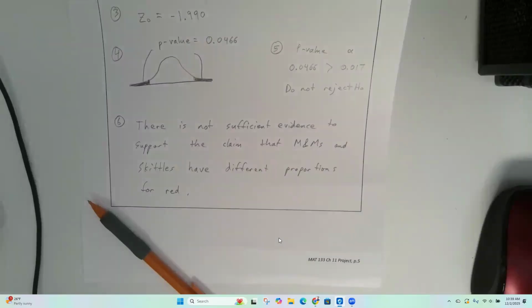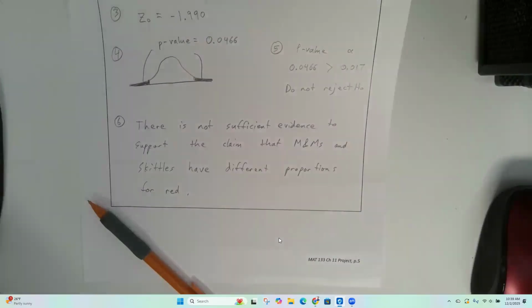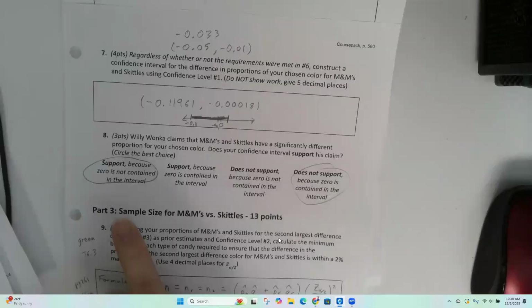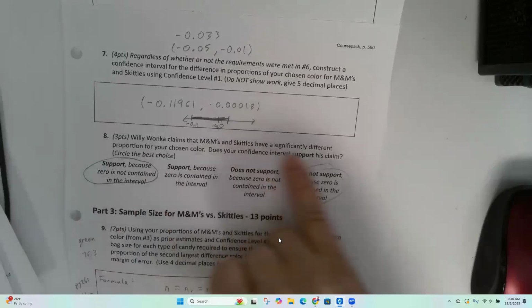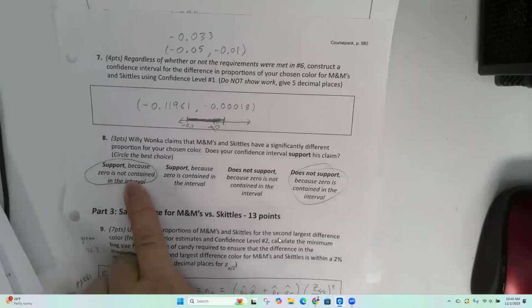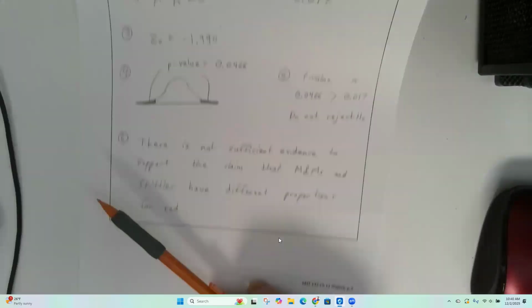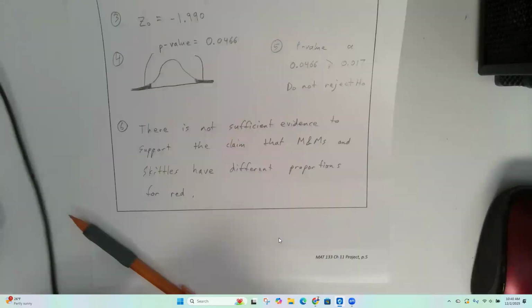Now, I will point out that earlier, when we were looking at confidence intervals, Willy Wonka was saying that they have significant differences, and I supported that claim. But now I'm changing my mind and saying that there's not sufficient evidence to support that they're different.